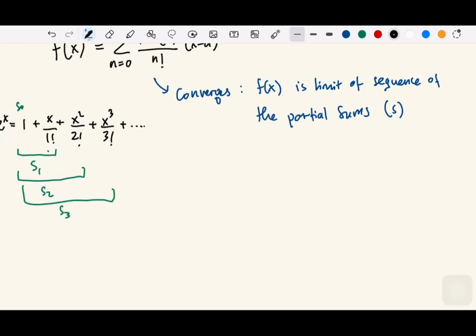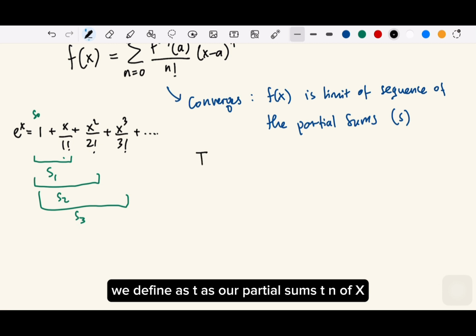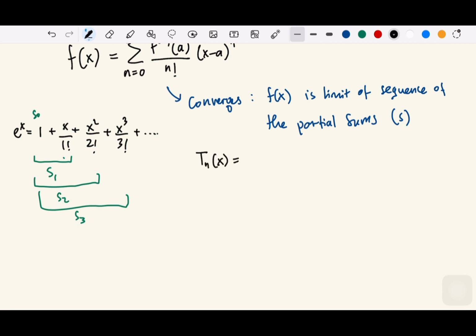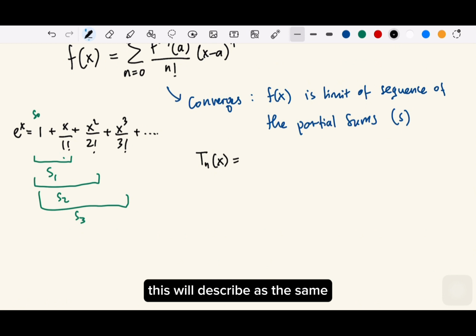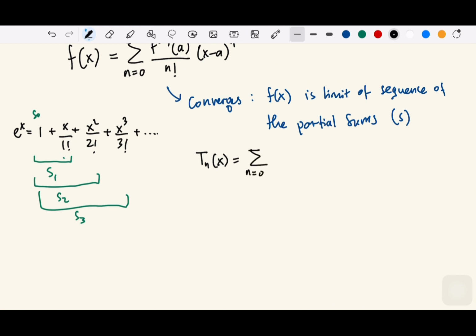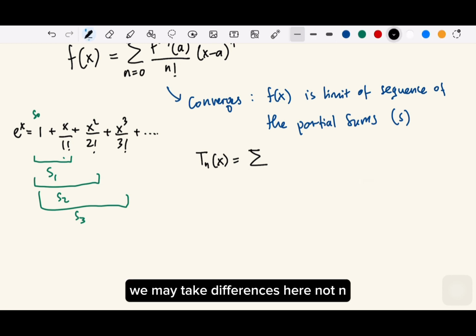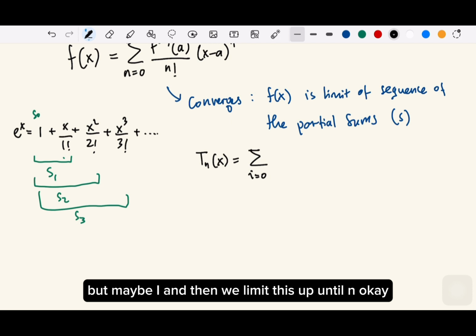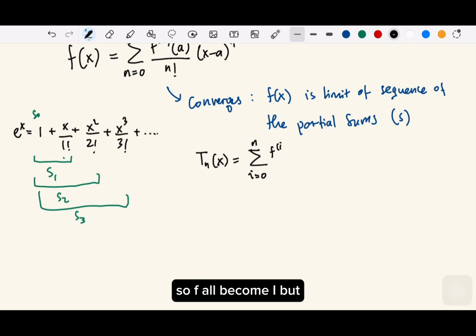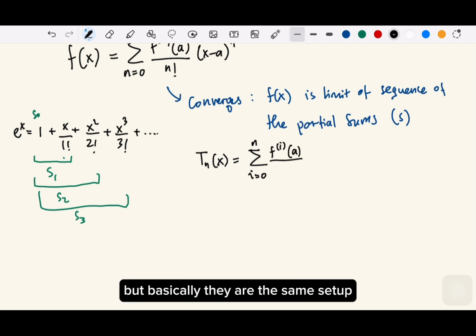In this case, we define T as our partial sums, Tn of x. This will be described as the same, but we take a difference here, not n but maybe i, and then we limit this up until n. So the f will all become i, but basically they are the same setup as the original f.